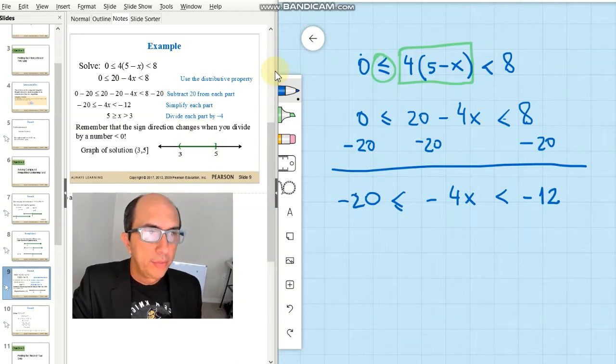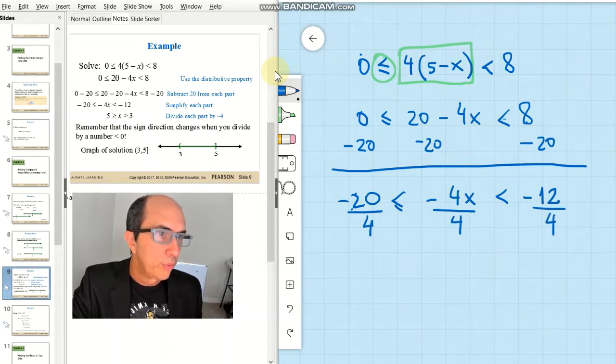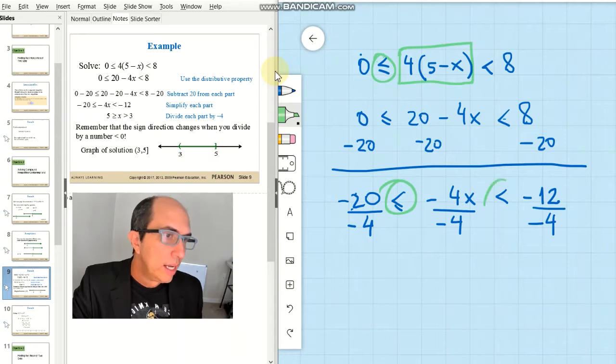Now we can divide the whole inequality by negative 4. And remember, when we have an inequality and you multiply or divide by a negative number, you have to flip the inequality, right?